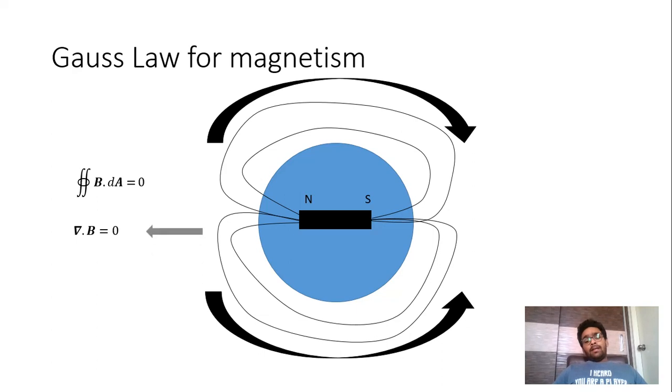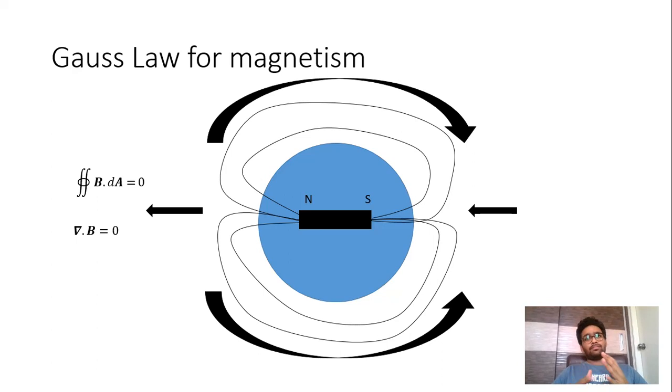The number of lines emerging out of this surface is always equal to the number of lines coming into it. If you had a single north pole, you would have only flux going out, that is, divergence. If you had only a south pole, you would have only convergence, negative divergence. But in this universe, you cannot find that. You can only have a bar magnet with a north and a south pole.